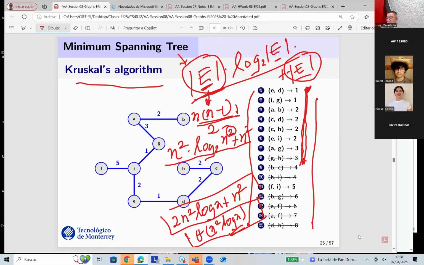If I want to put everything in terms of n, because n is at the end the size of the graph, right? And the algorithms, remember, are measured according to complexity in terms of the size of the problem. And in this case, the size of the graph is representing the size of the problem.